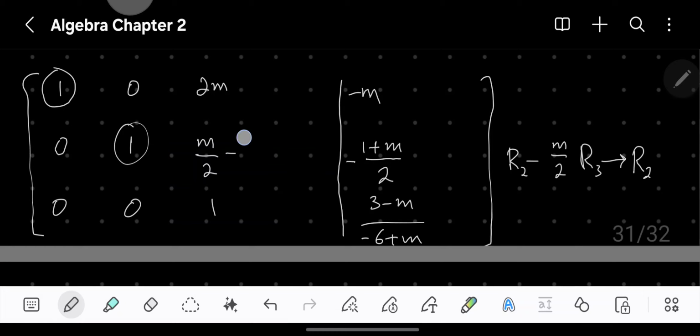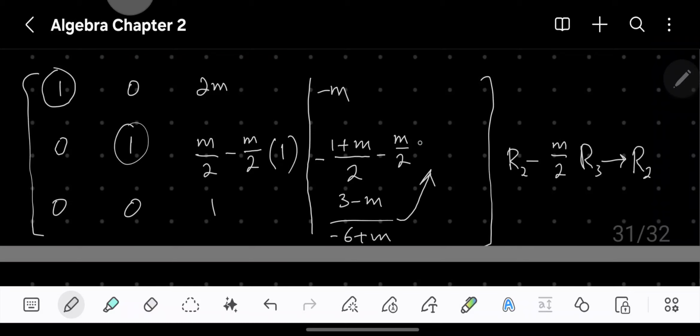Here I will write minus m by 2 times R3. R3 is 1. Okay. Also here, minus m by 2 times R3. So I will write here 3 minus m over minus 6 plus m.